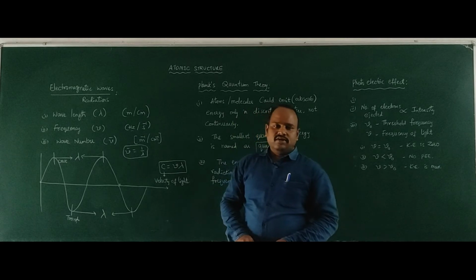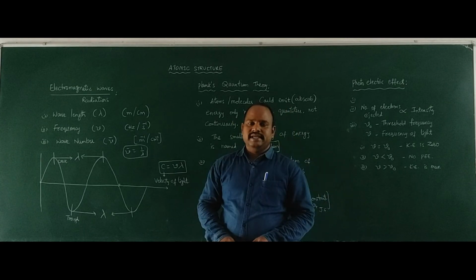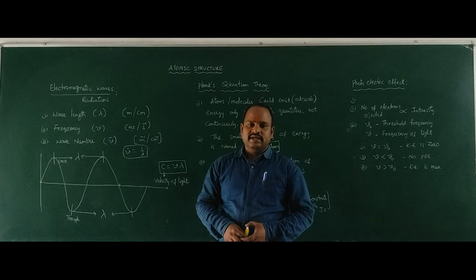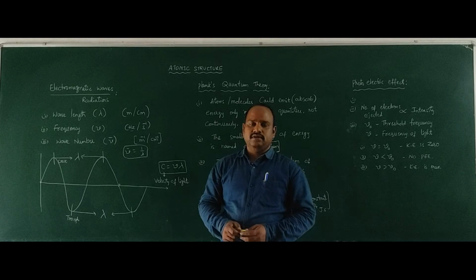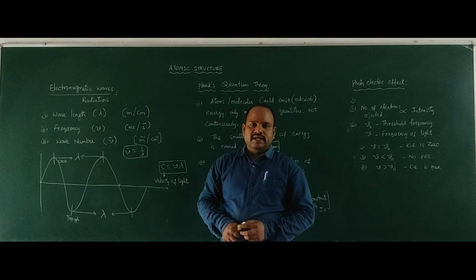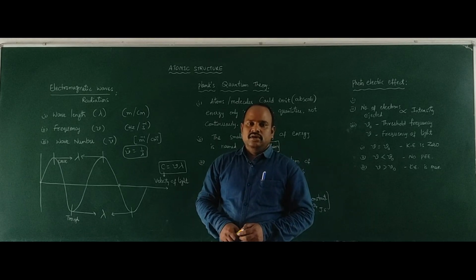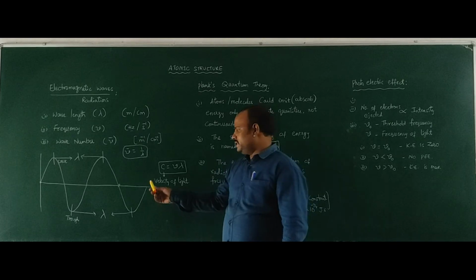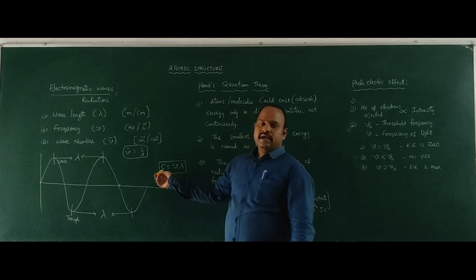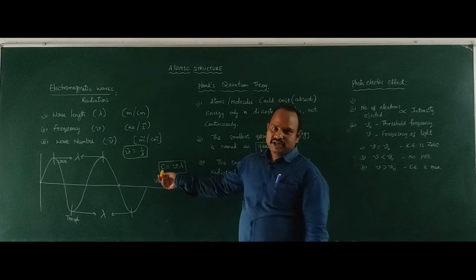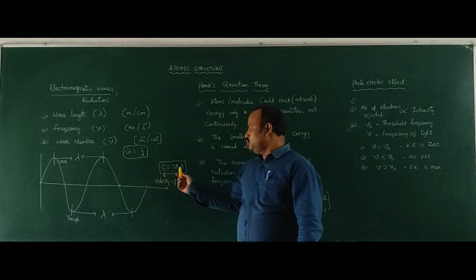Electromagnetic radiations can pass anywhere. For the passage of electromagnetic radiation, no medium is required. All electromagnetic radiation can move in vacuum also. All electromagnetic radiations move with the speed of light, indicated by c.